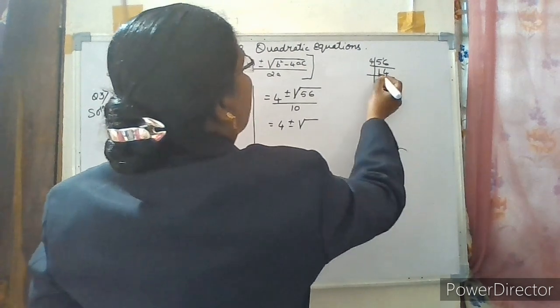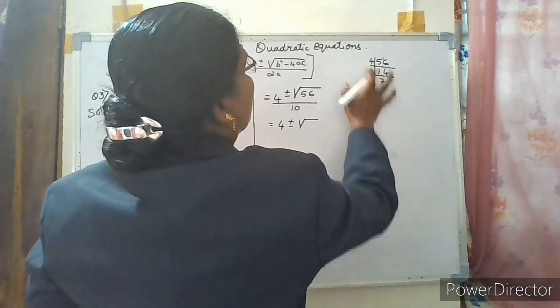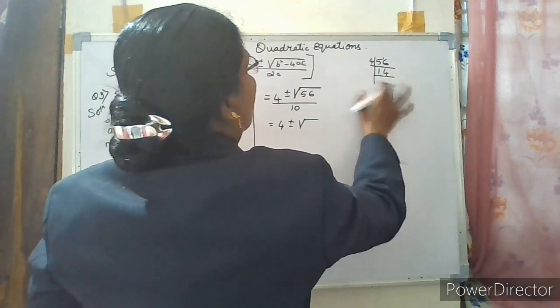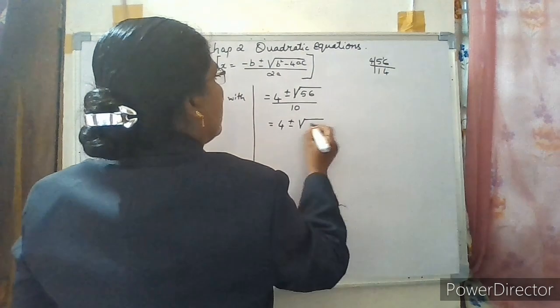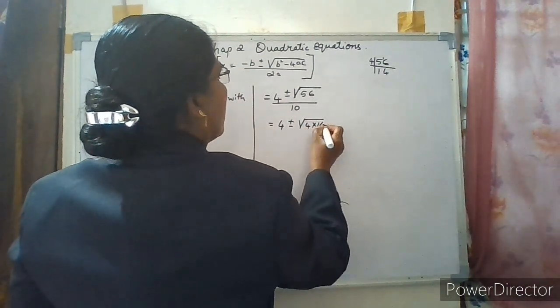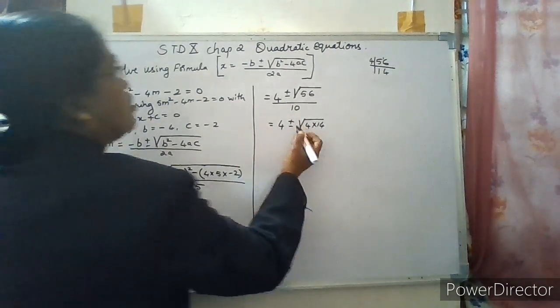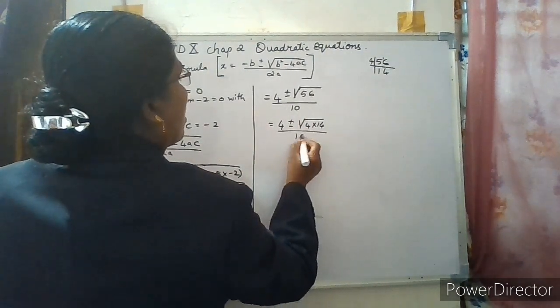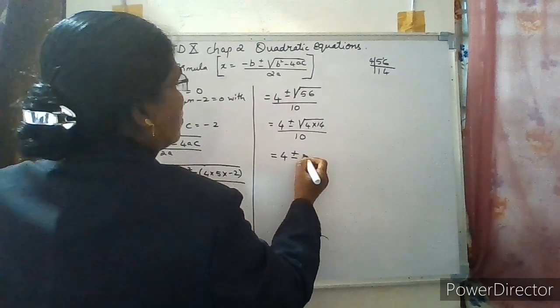Now if I bring this 14 in the simplest form also, 2 7s are 14. 2 and 7 are not square numbers. So therefore let us keep it in this form only. So, it is 4 into 14. 4 is a perfect square number. So, I can bring it out as 2 upon 10.